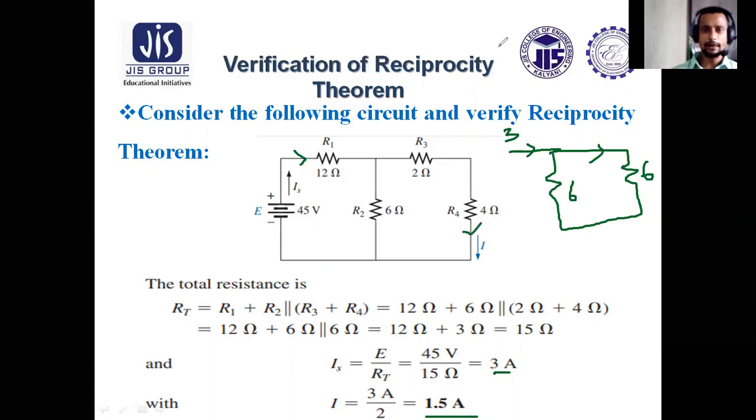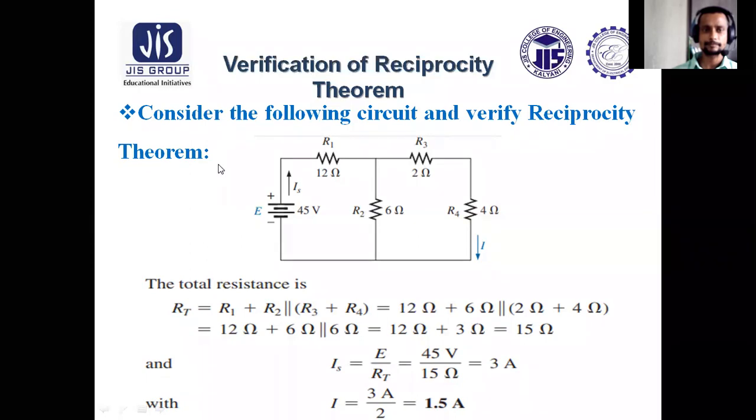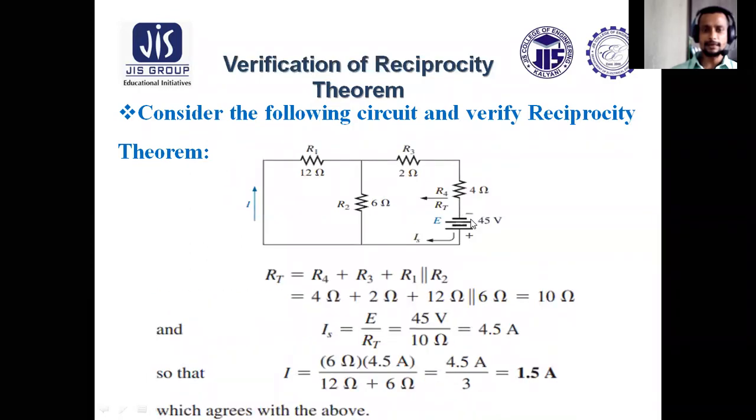Now, if these positions are altered, that means E is placed here. What should be I to this branch in which originally E was located? Again, let us try to find the current.